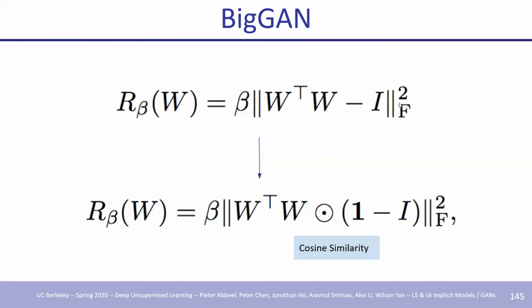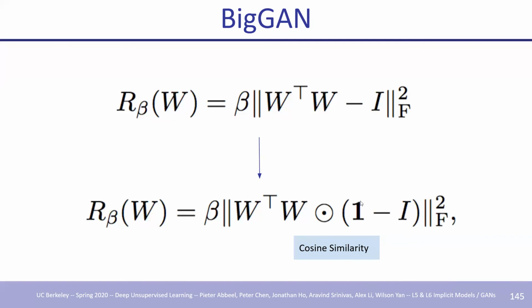But this only penalizes the diagonal matrix of W prime W. So they changed it so that W prime W, this operation, 1 minus I. So 1 minus I means that this matrix is 1 everywhere except the diagonal. The diagonal is all zeros. And this is the cosine similarity.